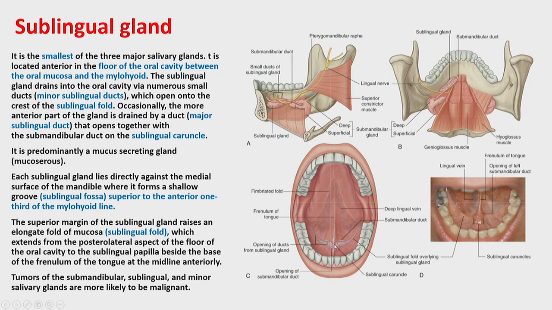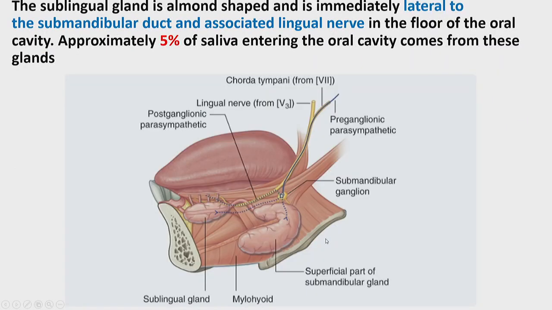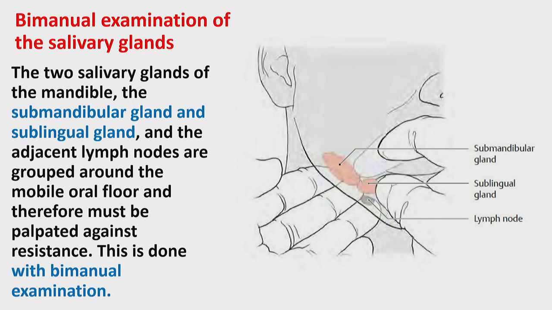So this is the major, and here in the fold, they open, the minor sublingual ducts. The production of the saliva is 5%, parotid 20%, submandibular approximately 65 or 70%.